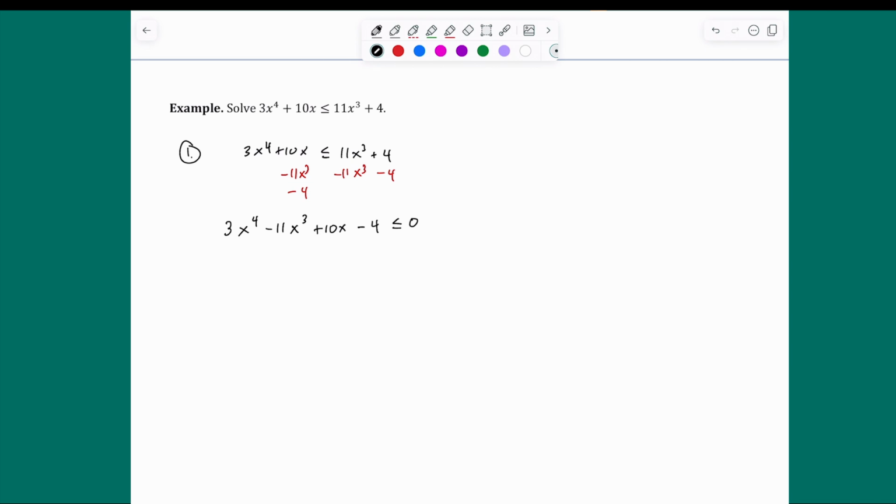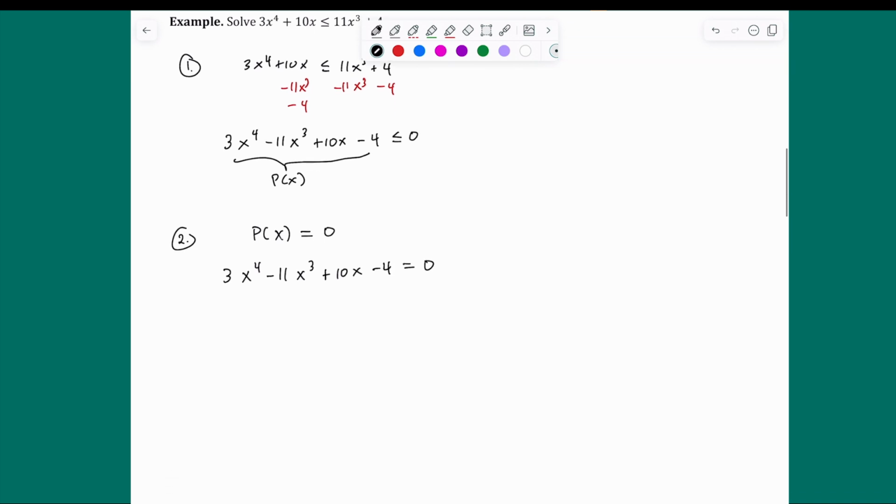And so our p of x in this example, our polynomial function, is that there.